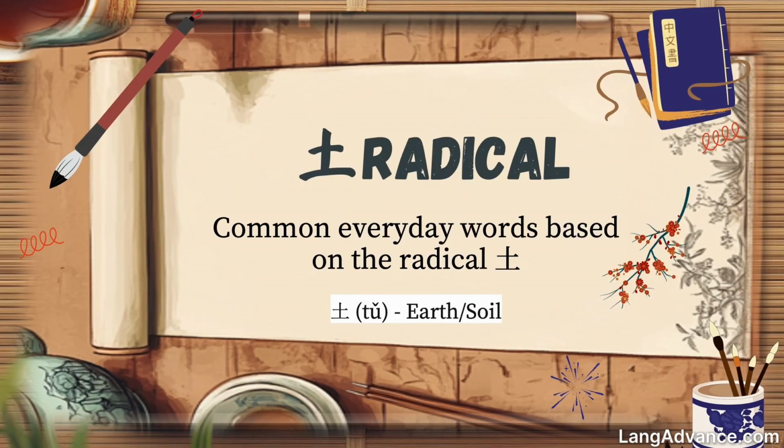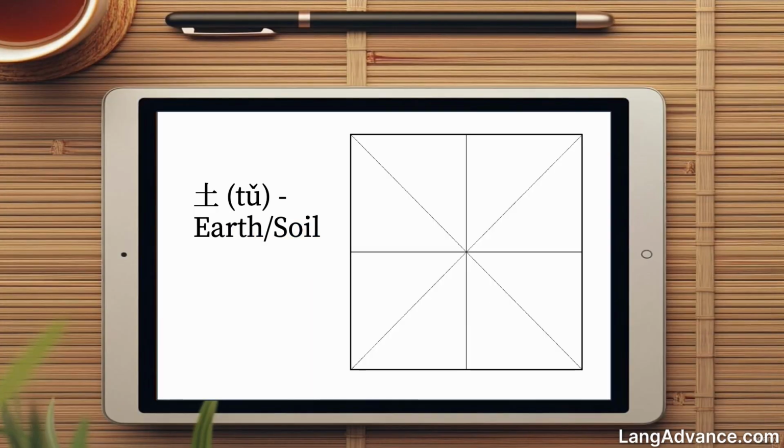Hi and welcome. Today we are going to be looking at the common everyday words based on the radical 土, which means earth or soil or ground. Let us write the normal 土 before I show you how to write the mini version.